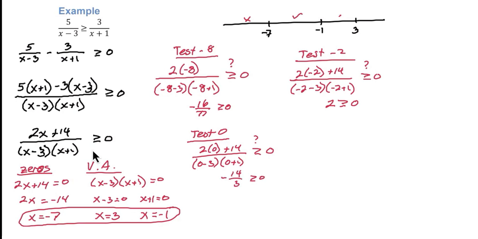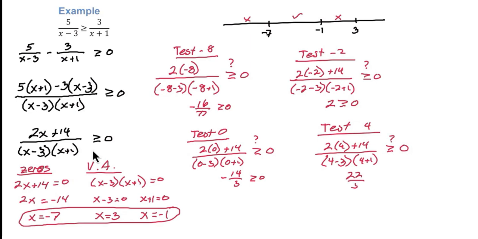That's false. And finally, the last interval, let's test the number 4. 2 times 4 plus 14 divided by 4 minus 3 times 4 plus 1. Is that greater than or equal to 0? Here we get 22 fifths, which is greater than or equal to 0.